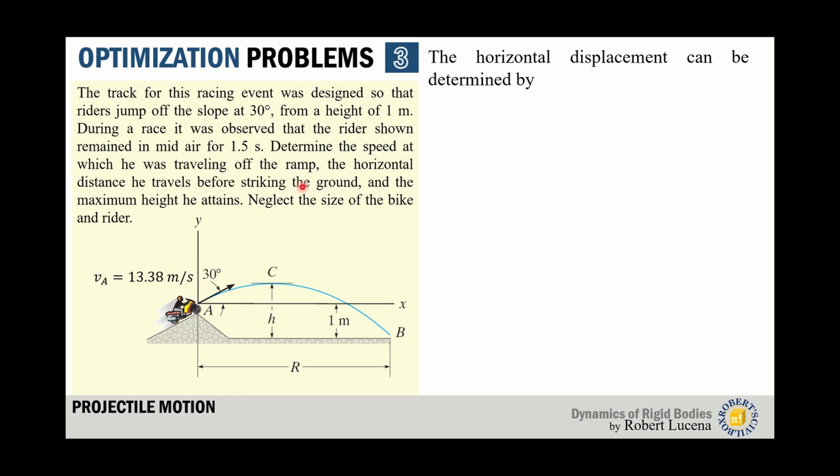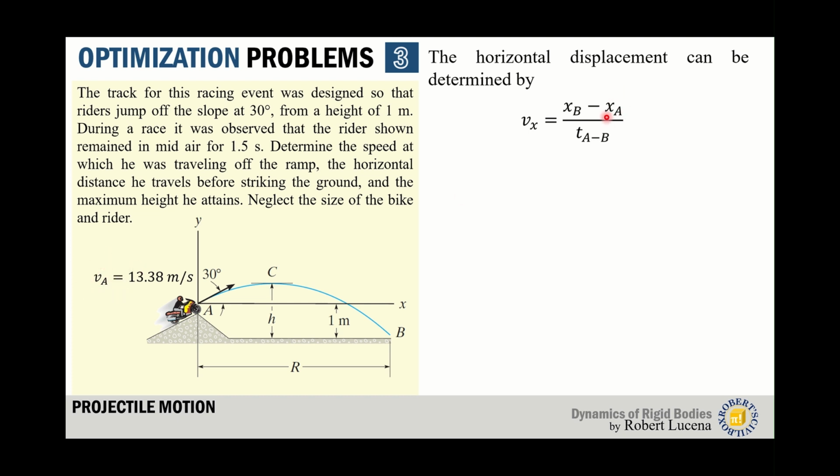Next, the horizontal distance it travels before striking the ground, and that is the range of the projectile. Since we know the initial velocity, we can solve for the x component velocity. We will just use the definition of velocity itself. The x component velocity is constant throughout the flight. So we can easily get the x component here of vA.